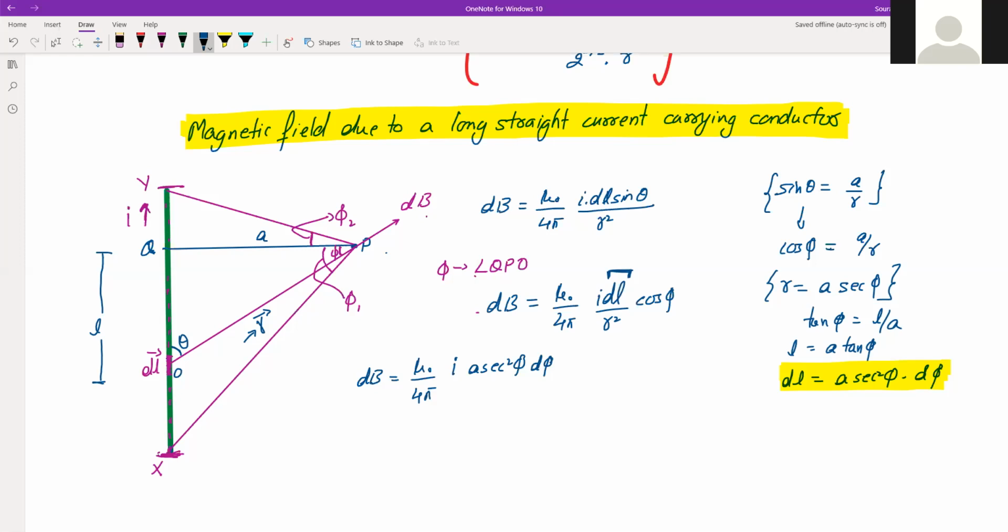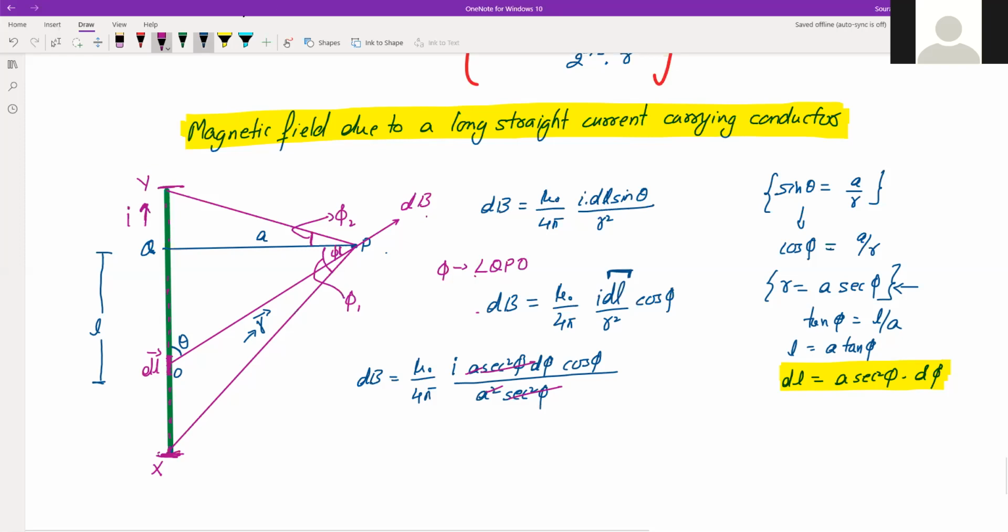Then we have cos phi divided by r square. Now r is again in terms of secant phi, so r is a secant phi, this is our expression. So what do we see here? a square, a gone, secant square phi gone.